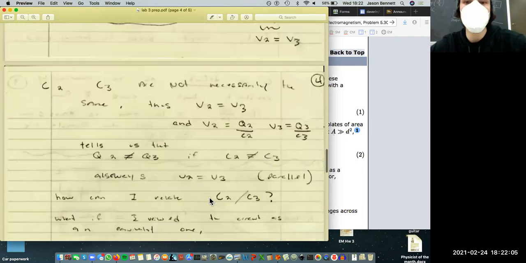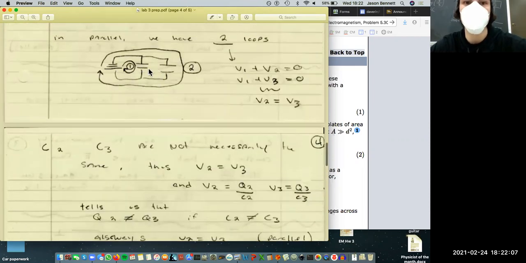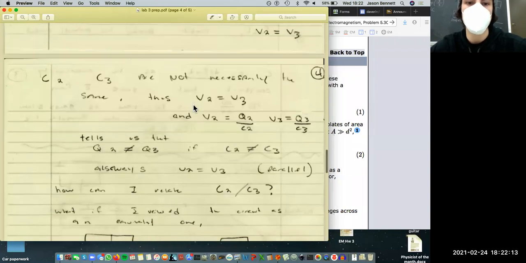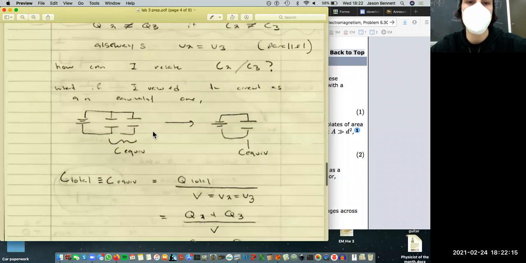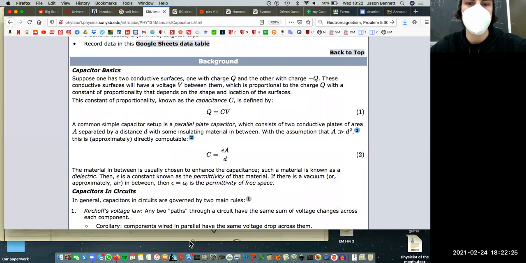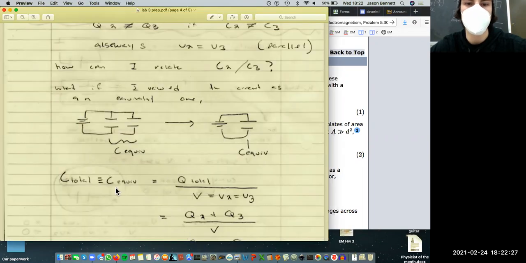If I wanted to relate these two capacitances, how can I make some relationship between both of them? I would do the following. What if I viewed it as one element? So I took these two things and imagined they were just one capacitor. Then I can use this equation: the total capacitance is the total charge over the total voltage.